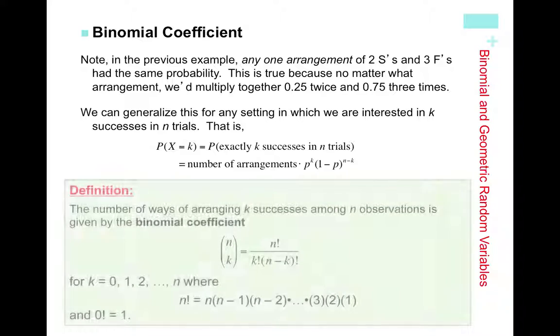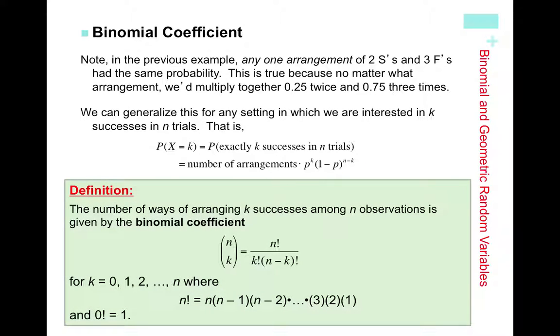So the number of ways of arranging k successes among n observations is given by the binomial coefficient, n over k, which can be found by n factorial over k factorial times n minus k factorial.